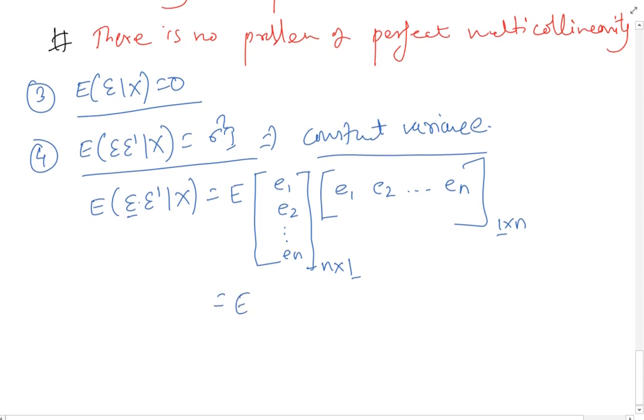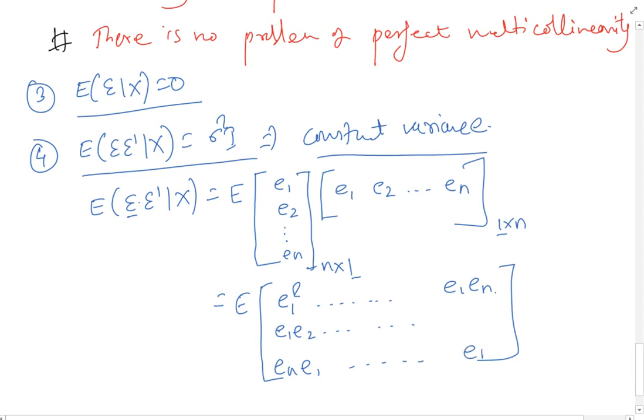So with the expectation sign, it will be e1 square, dot dot dot, e1 en in the first row, and similarly the second row is e2 e1, e2 square and so on, and the last row will be en e1, dot dot dot, en square.